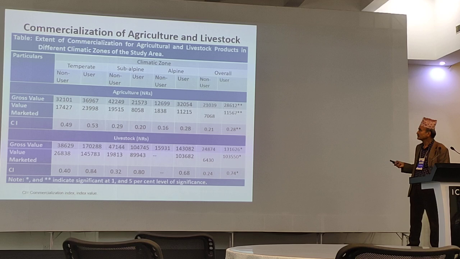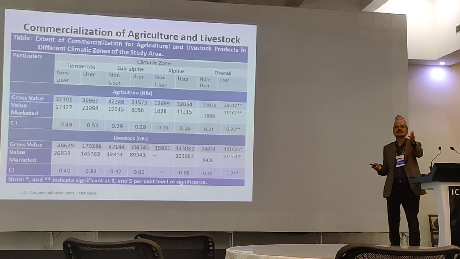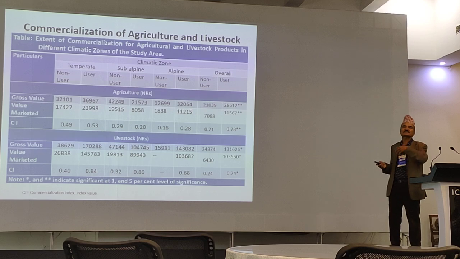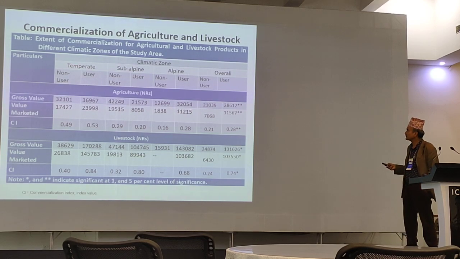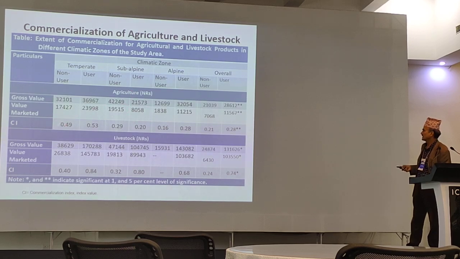Similarly, when we go for commercialization, meaning how much they get from their agriculture, how much they get from livestock, and how much they sell. Here in temperate, subalpine, alpine, in all climate zones, for agriculture, we find that the commercial index is lower.